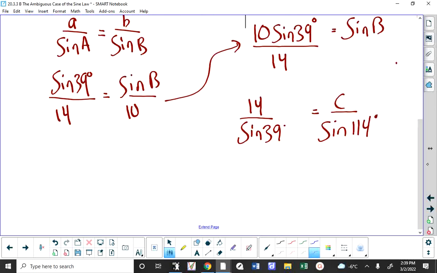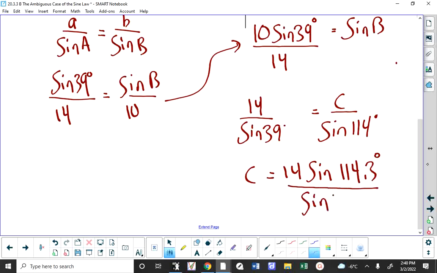So I'm just using the sine law again. The real meat of this lesson has nothing to do directly with using the sine law. We learned that yesterday. But now we can calculate C. C will be equal to 14 sine of 114.3, over sine 39.